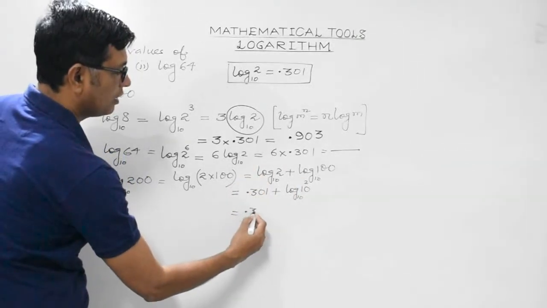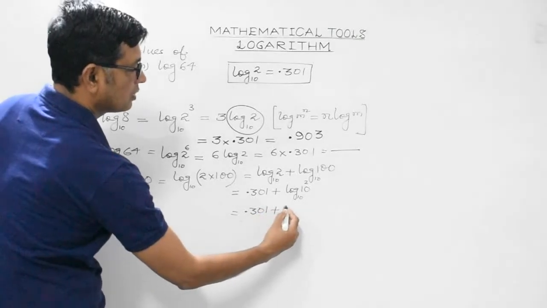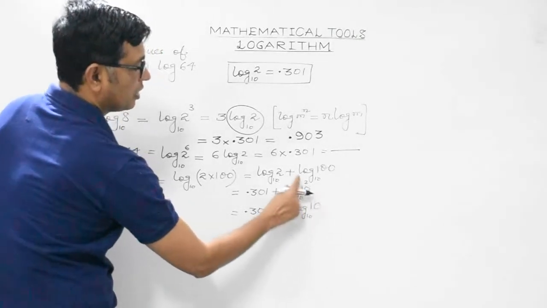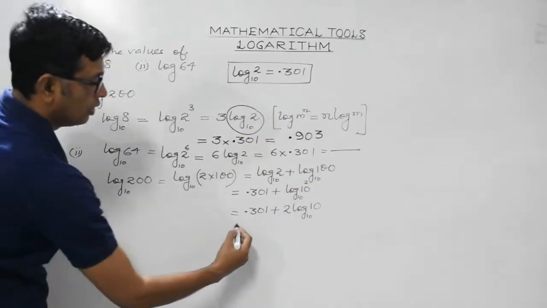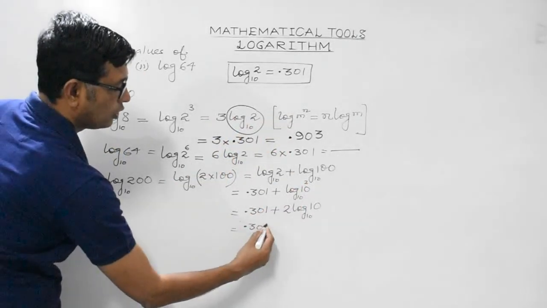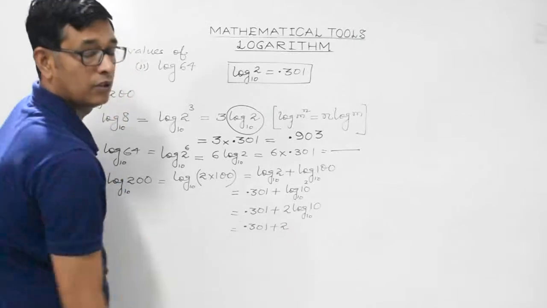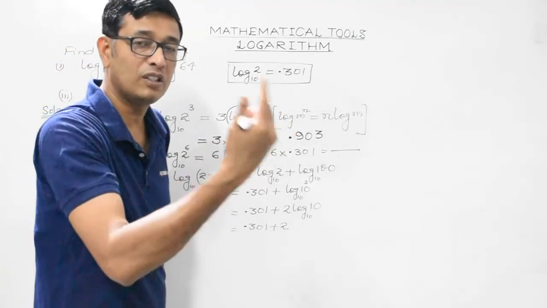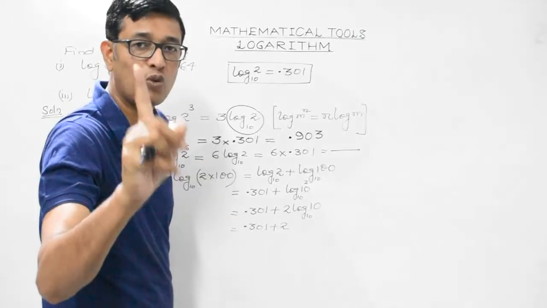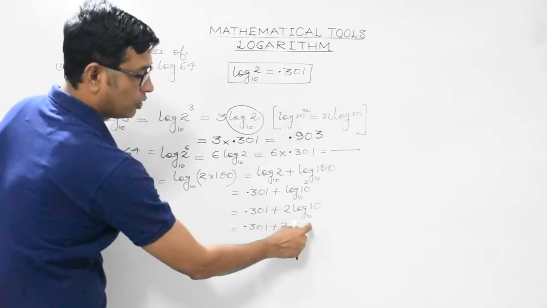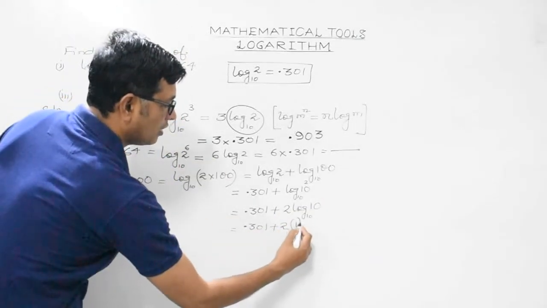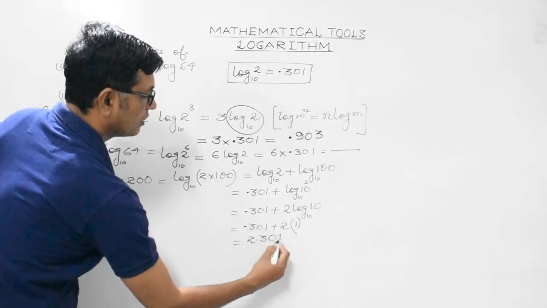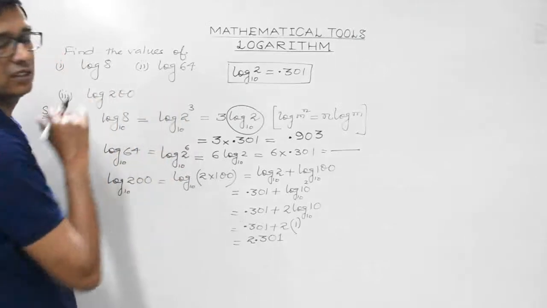So it will be 0.301 plus 2 log 10. Again, make use of the power rule. 0.301 plus 2. We have discussed a very important result: log of any number to the same base is always equal to 1. So log 10 to the base 10 is always 1. So what do you get? 2.301. So this is the answer.